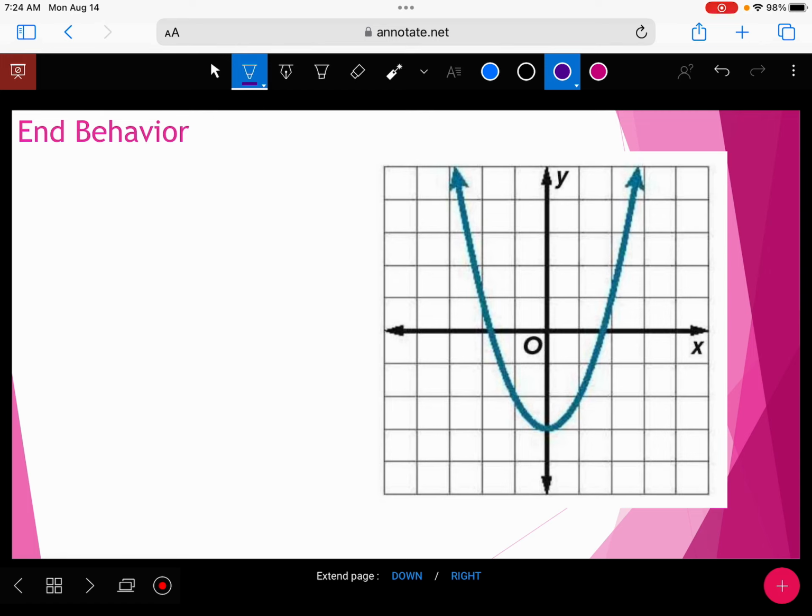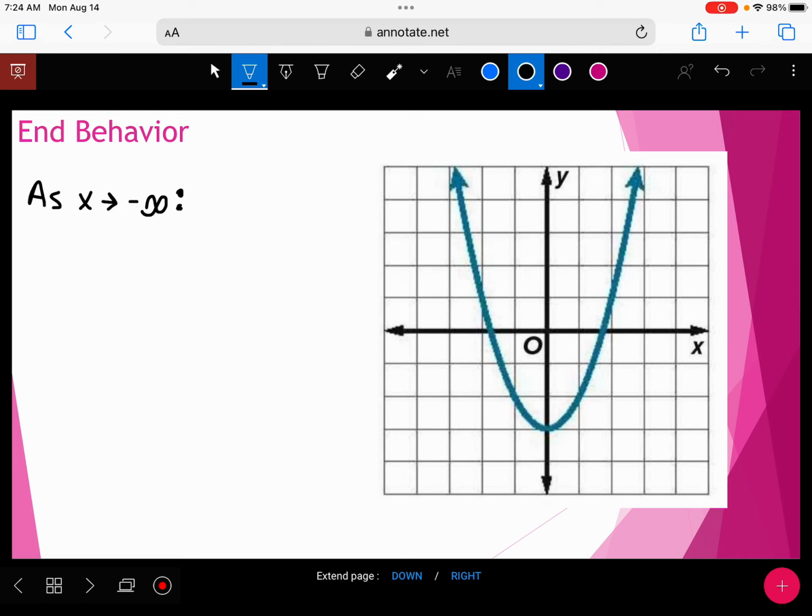So we're looking at our arrows. That's what this tells us. And we always go left to right. It's not like a mandated law, but it's just one of those habitual things. So we start with as x approaches negative infinity.